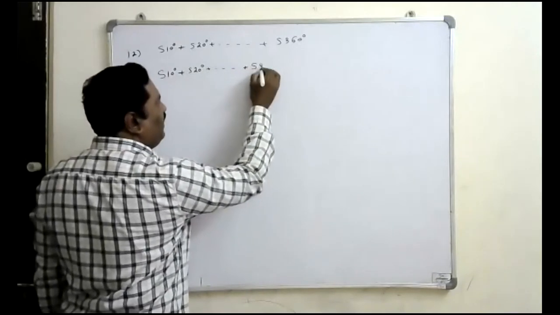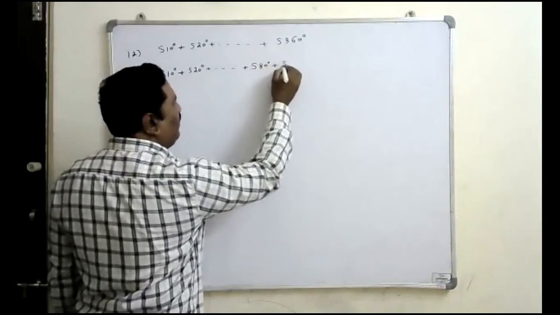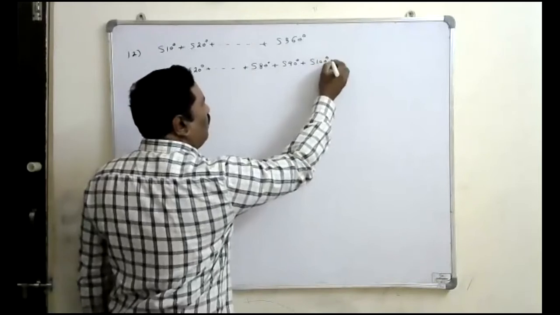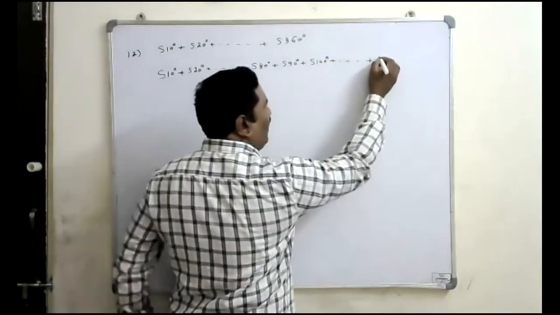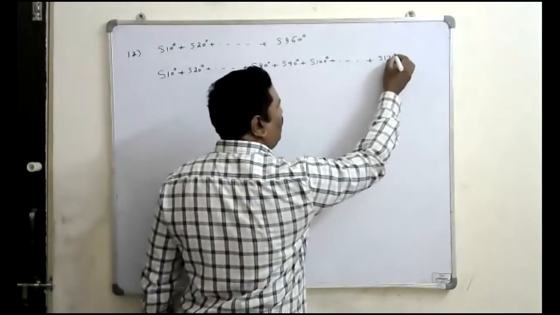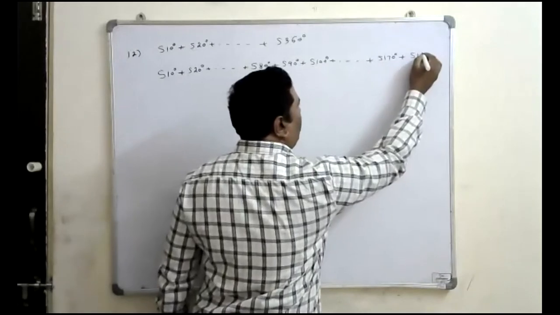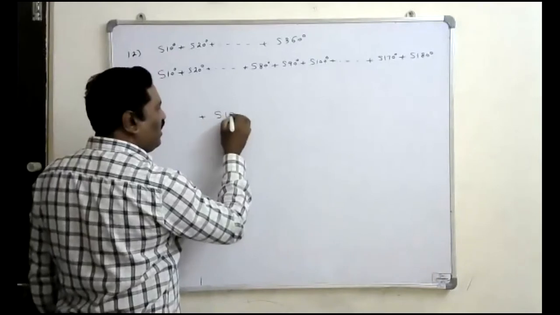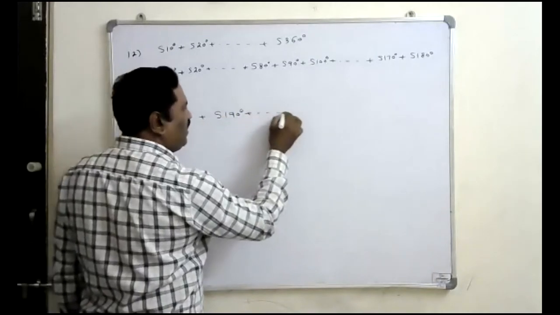Before that there will be sine 80, plus sine 90, plus sine 100 and so on. The next quadrant angle is 180. Before that there is sine 170, plus sine 180, after that plus sine 190, like that.